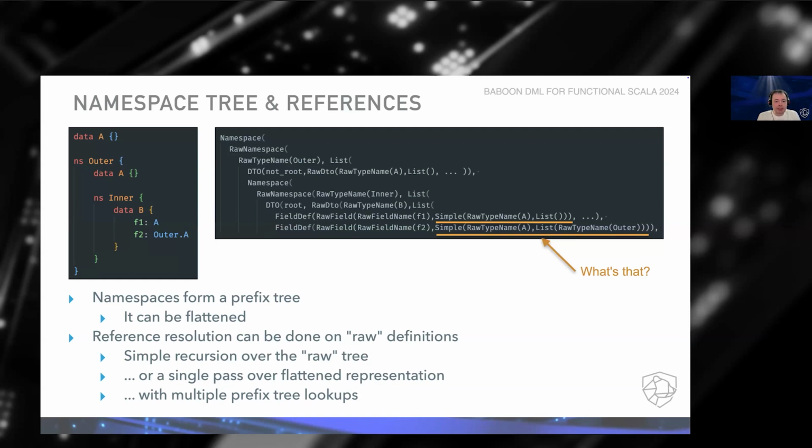Many classic approaches assume that every time we meet a reference, we run a recursive search for it, but that's extremely inefficient. But we may notice that namespaces form a lookup tree, or in other words, a prefix tree. So if we build a prefix tree out of our raw syntax tree, then traverse our raw syntax tree once, doing prefix tree lookups every time we meet a type reference, we would be able to efficiently resolve every reference.